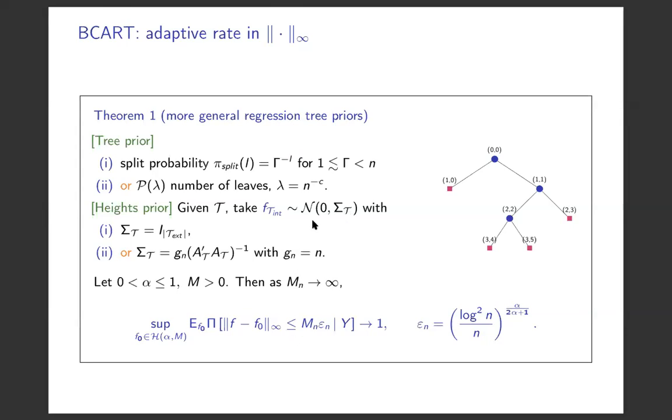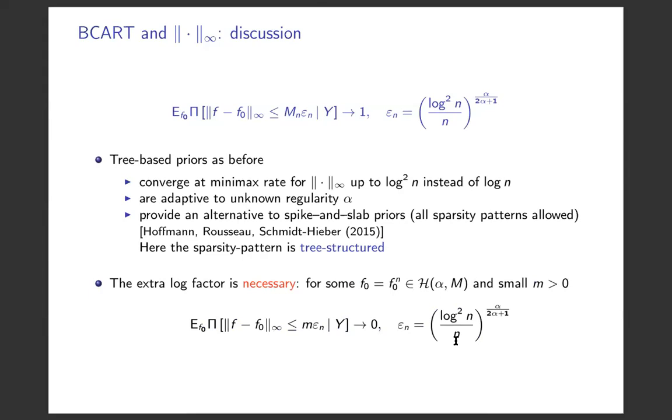That's for the tree priors, and for the heights prior, you can do what I just discussed. Either you do the wavelet independent prior, the first one, or you do this G prior, which corresponds to drawing independent heights. If you do that, you get the same result as before. Near optimal rate in sup-norm. Some comments.